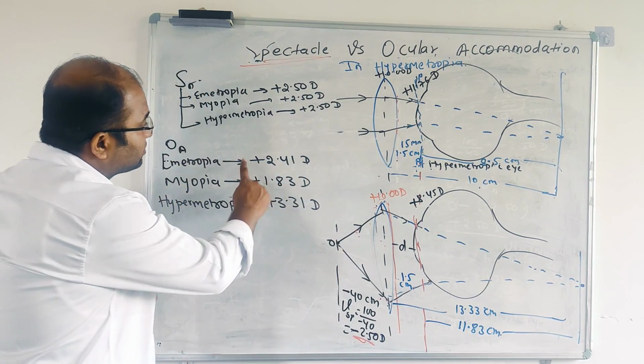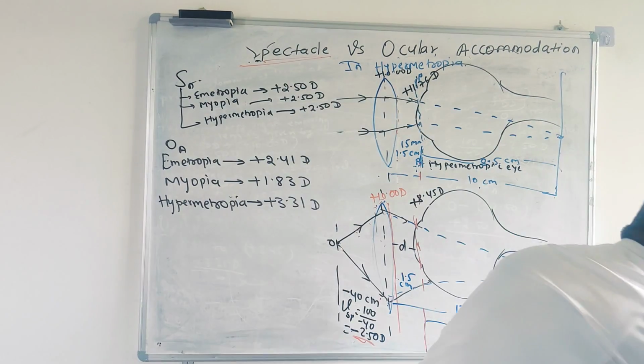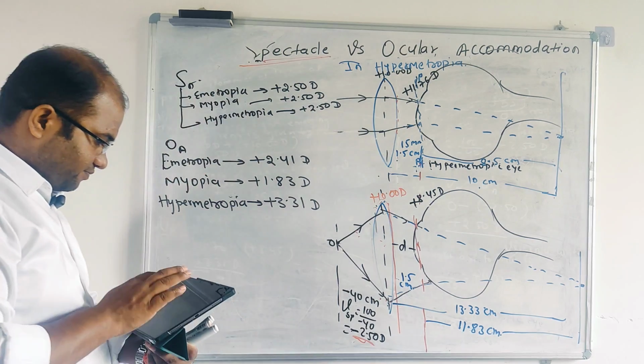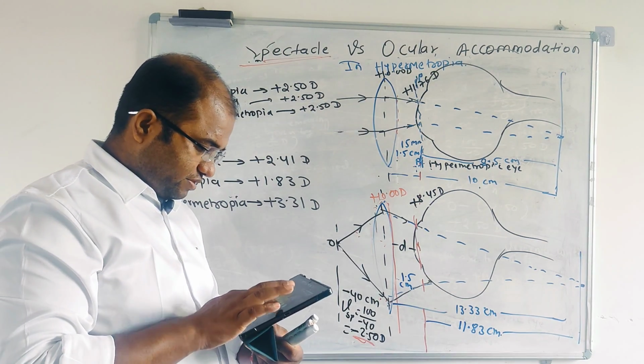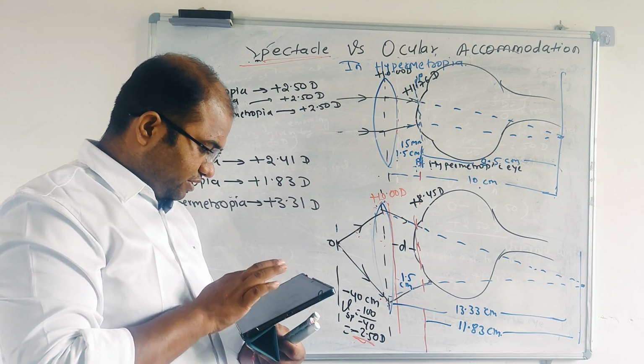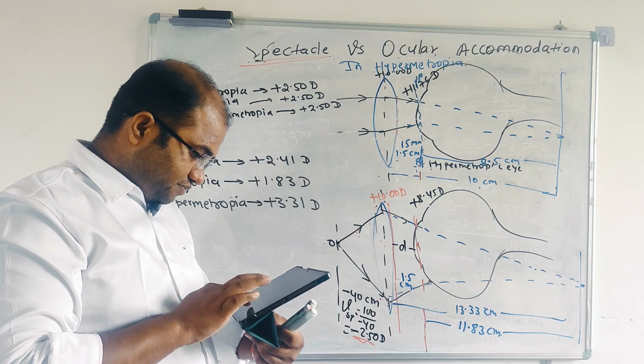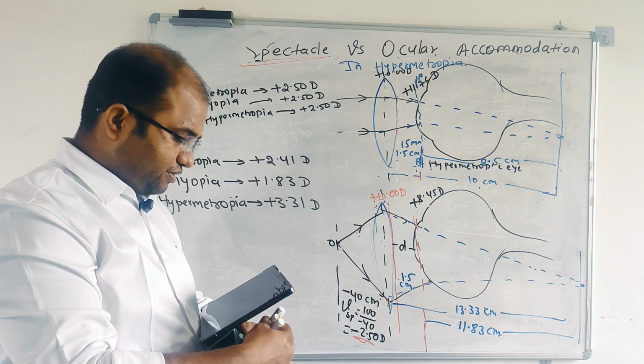And how much less? Just imagine how much difference there is. 2.41 minus 1.83, the difference is 0.58.